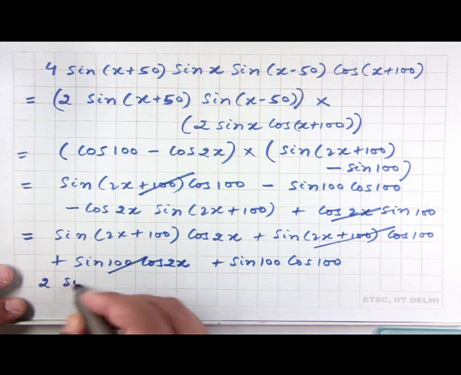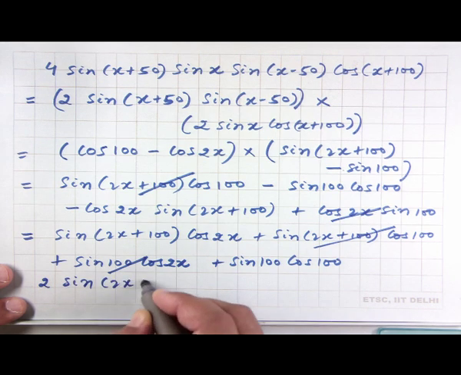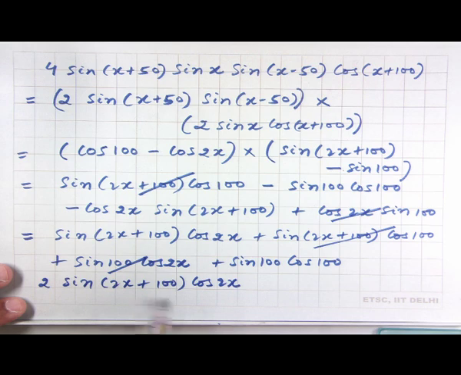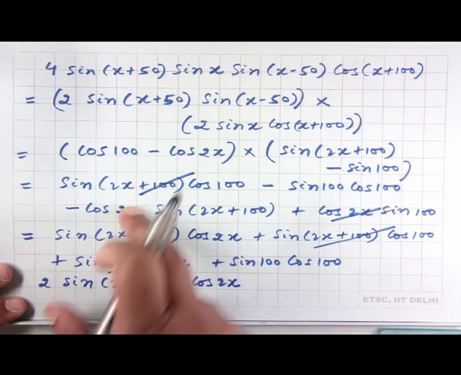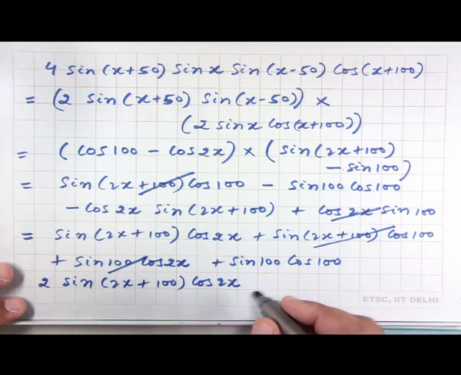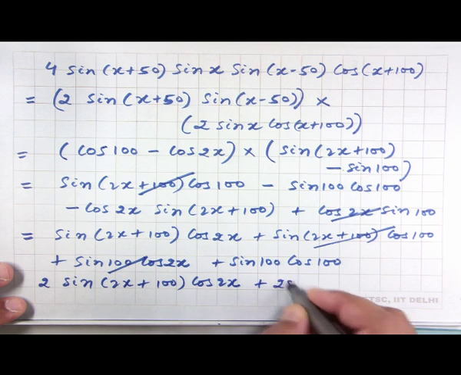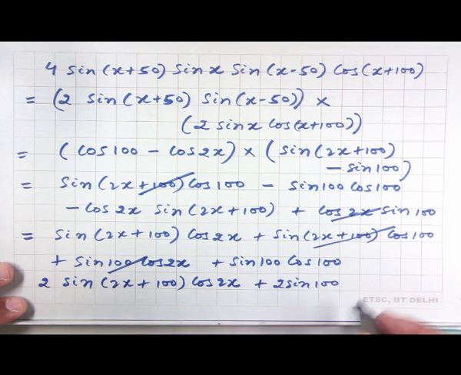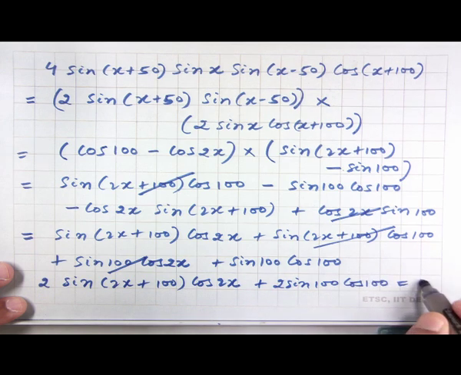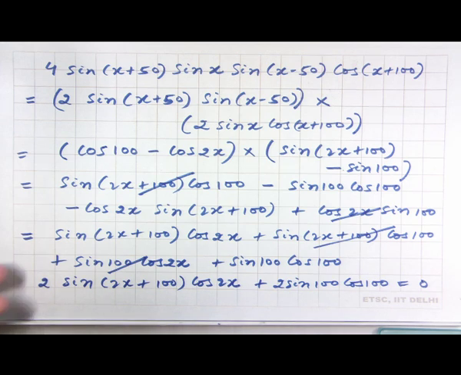2 sin 2x plus 100 into cos 2x, which is essentially this term, bringing it on this side, and then plus 2 sin 100 cos 100 equals 0, which can be further simplified.